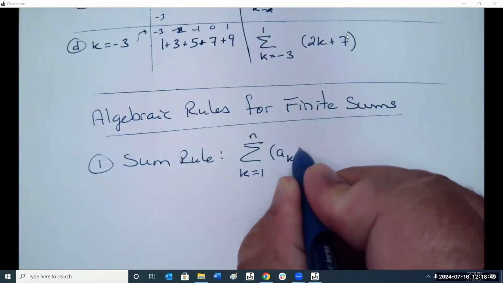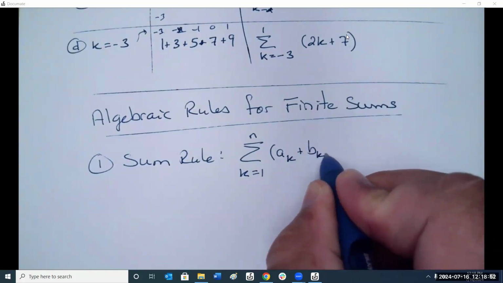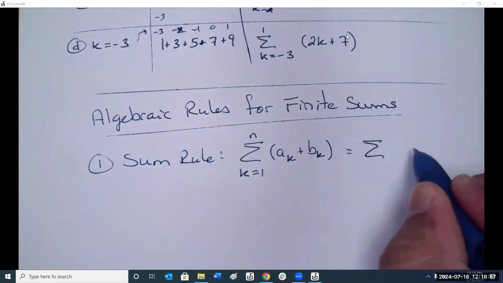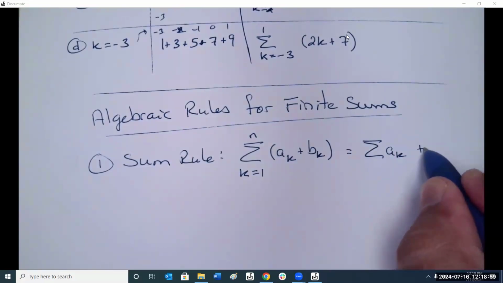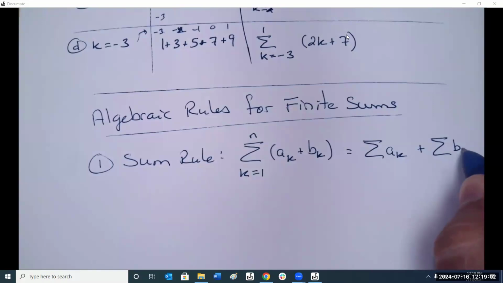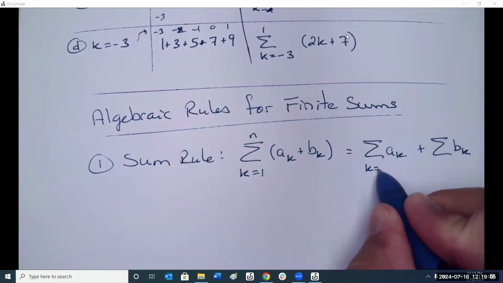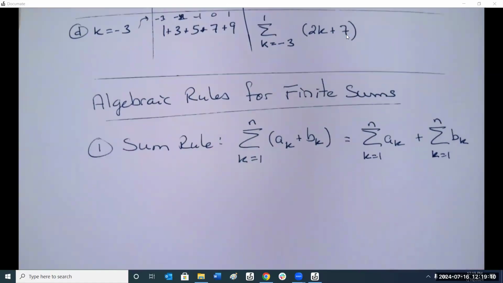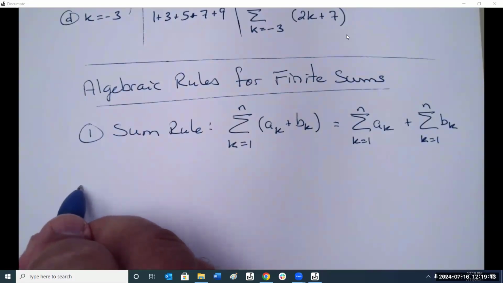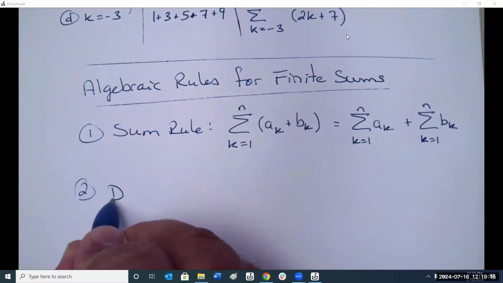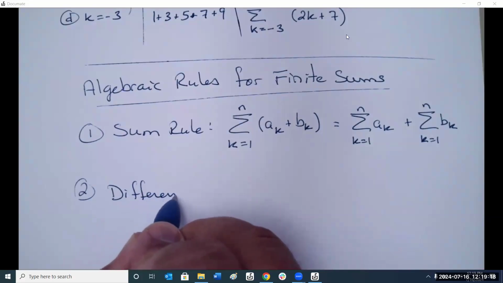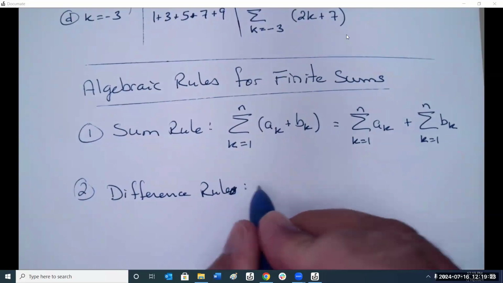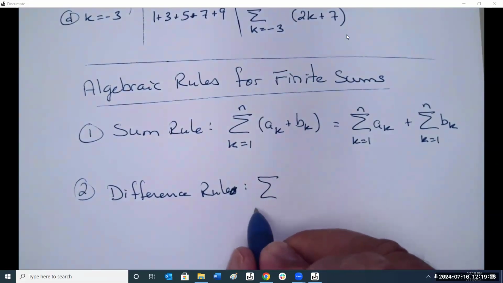If we have a sum of 2 numbers, subscripted k, we can separate those into 2 separate ones. Different rule, same thing, but instead of plus, we have a minus.